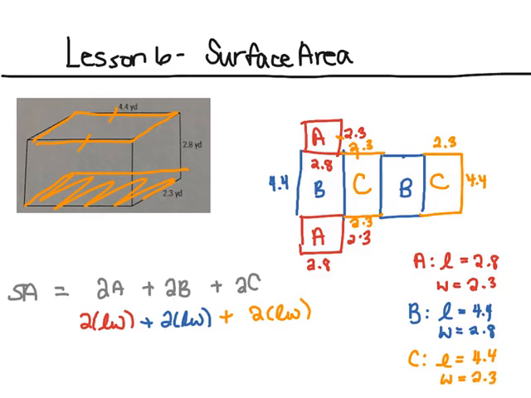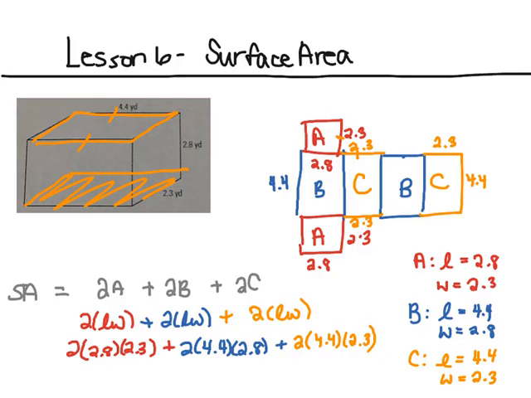So we're going to do each section. So we have 2 times 2.8 times 2.3 plus the blue section, 2 times 4.4 times 2.8 plus the orange section plus 2 times 4.4 times 2.3.